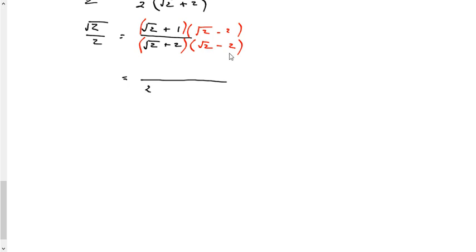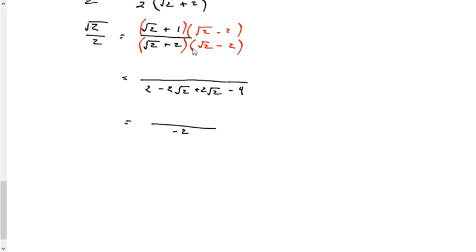When I multiply the outside terms, maybe I'll show every step this time. In the future, we'll skip some steps. This will be a minus 2 root 2. The inside terms will give me a plus 2 root 2. And there you can see these two will cancel out. That was the real value in multiplying by the conjugate. And then I'll have a minus 4. So my denominator will simplify to 2 minus 4, which is a negative 2.